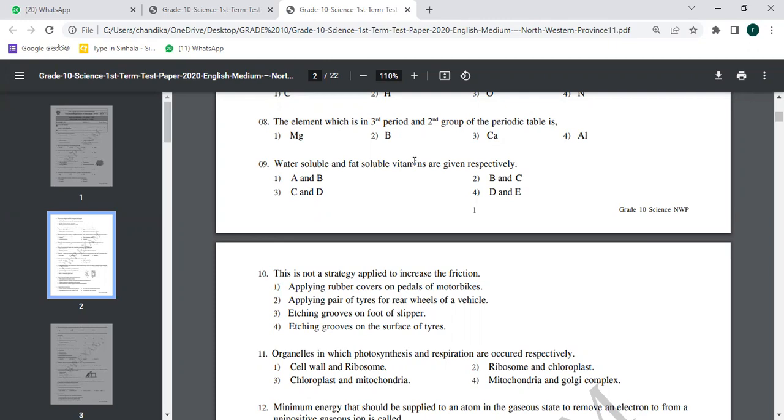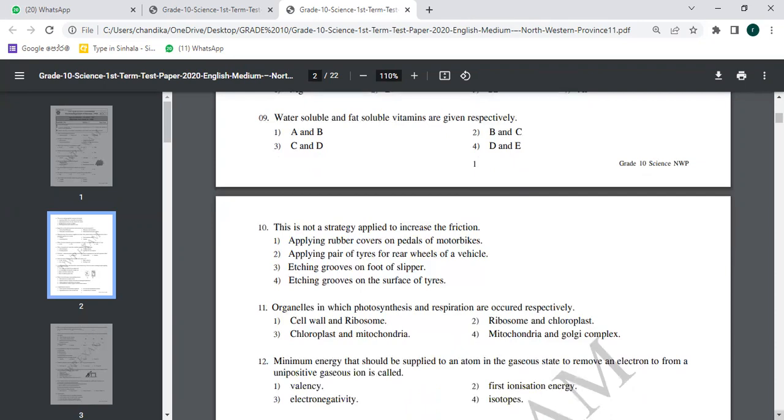Hydrogen, helium, first period. Second period, lithium, beryllium. Third period, sodium, magnesium. Answer is what? Magnesium. Calcium belongs to fourth period. Answer is magnesium.